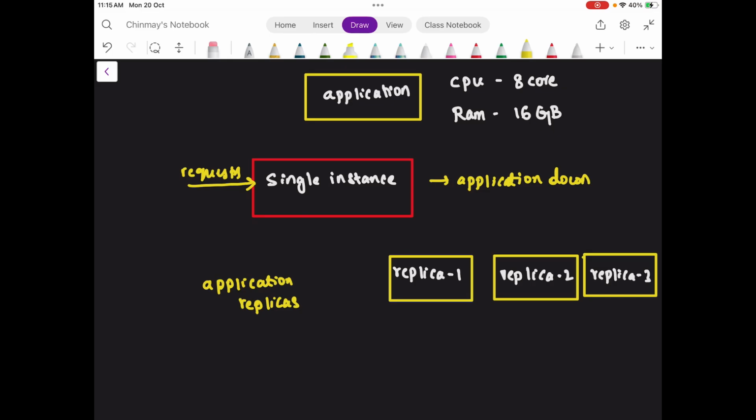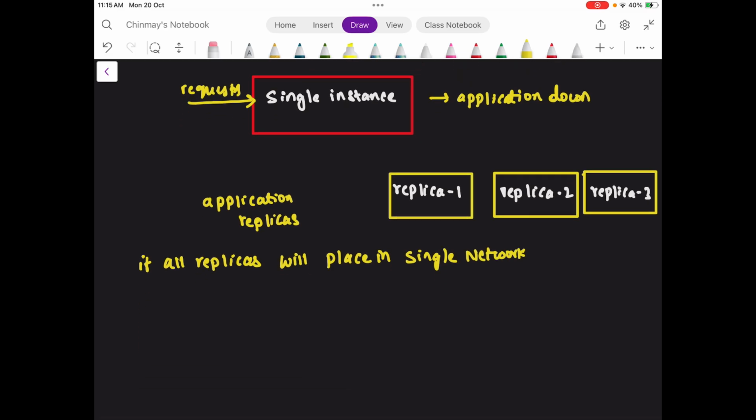Now the challenge is, what happens if all the replicas are placed in a single network, which is absolutely wrong, because if your network goes down, the entire set of replicas is going to be down.